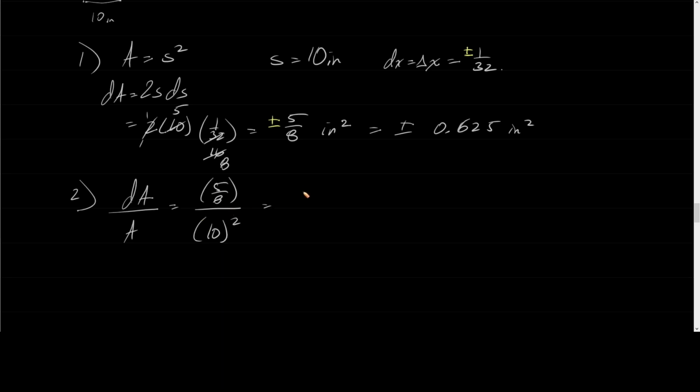And what does this give me? Well, this gives me 5/8 times 1/100th. 5 is divisible by 5, 100 is divisible by 5, and I end up with 1/160th, and remember this is all plus or minus. That's our relative error.